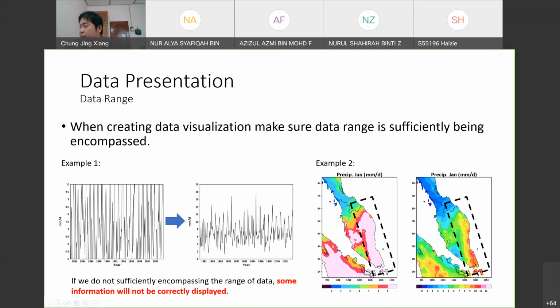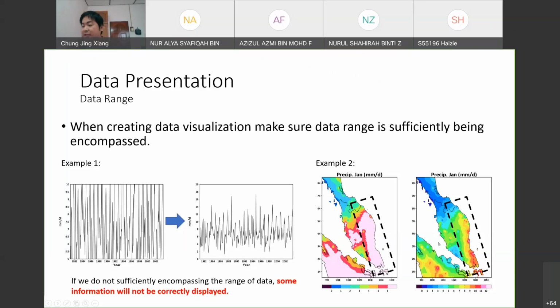But if you use a proper range, you can see it actually shows small differences. It's over Terengganu, over Pahang, over Johor. Johor has a higher rainfall compared to the area in between Johor and Terengganu. But if you plot without sufficient range, you can see only one patch of pink color, so you cannot see these small differences hidden in the data.